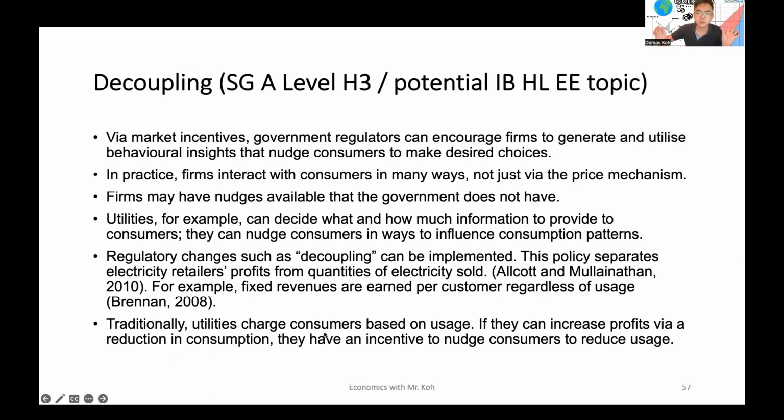Basically, what the authors try to say is that traditionally, utilities charge consumers based on usage. If they can increase profits via a reduction in consumption, then they would have an incentive to nudge consumers to reduce usage. So decoupling means to decouple the retailer's profits from the quantities of electricity sold.